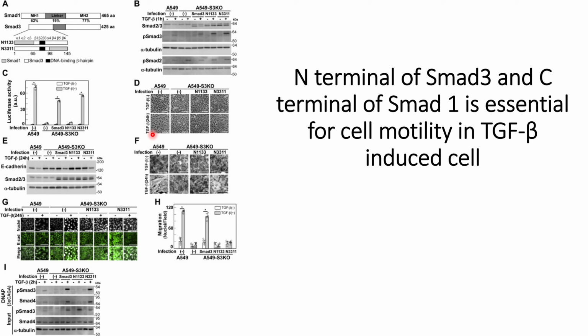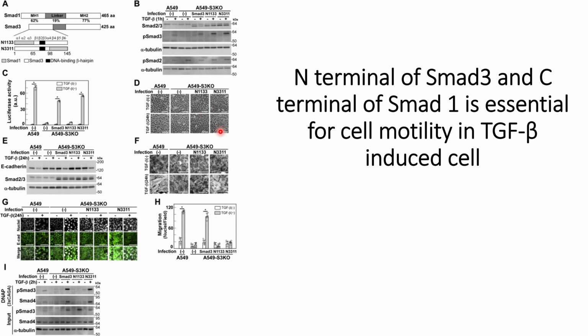First, they checked the morphology. In the wild type cells, the cells induced with TGF-β for 24 hours change their morphology. But the Smad3 knockout cells do not change morphology. And when they infect the cells with N1133, they also do not see much change in the morphology.